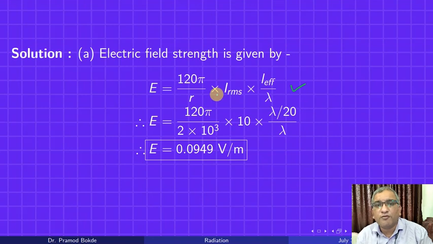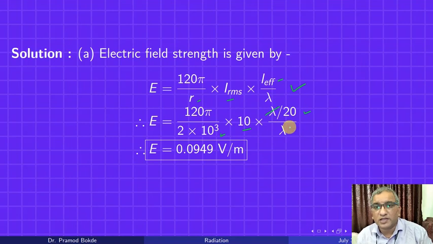So this is the formula for electric field strength, or simply the electric field. So simply you have to put the values. R is given to you, current is also given, and L effective is also given in terms of lambda. So when I put all the values, r is 2 kilometers, so 2 into 10 raised to power 3, RMS current 10 amperes, and effective length lambda divided by 20.